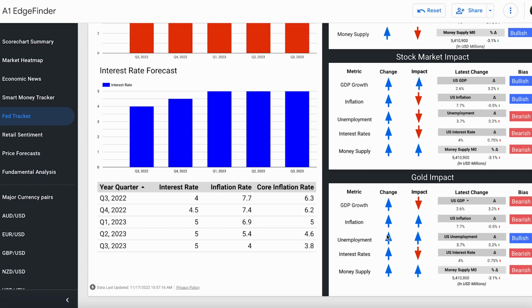Unemployment, that's the same thing. As the unemployment rate goes up and the economy isn't doing as well, people want to turn away from stocks and bonds and the US dollar and turn to safe haven gold. Interest rates, on the other hand, as interest rates go up, that is a bad thing for gold. And then money supply, more money is better for gold.